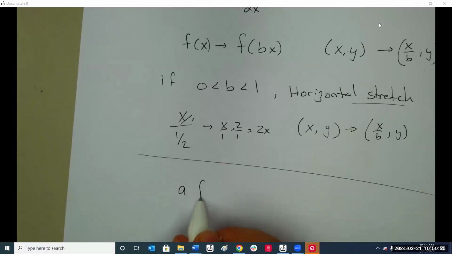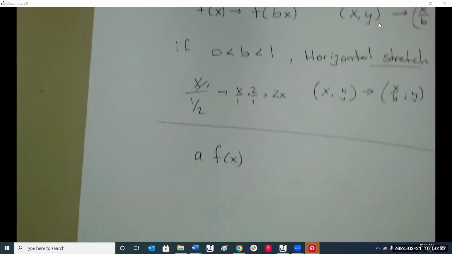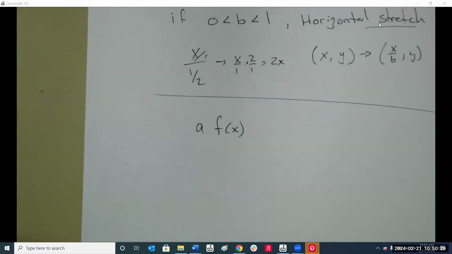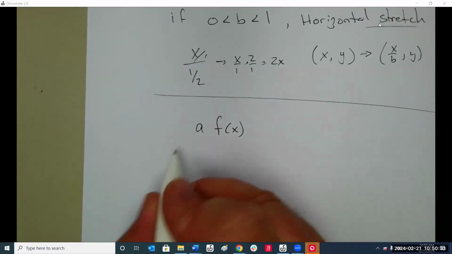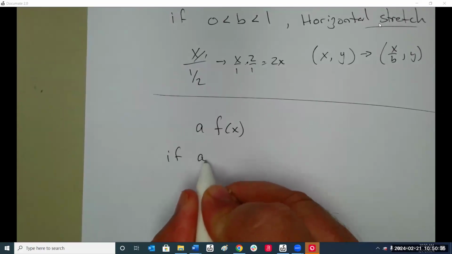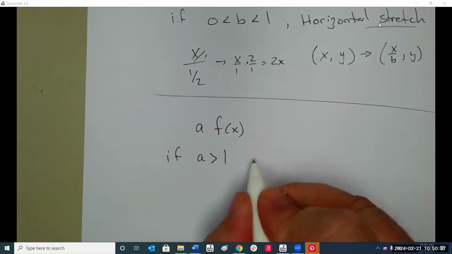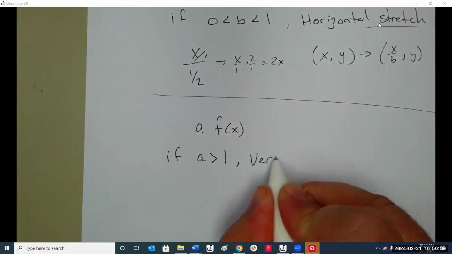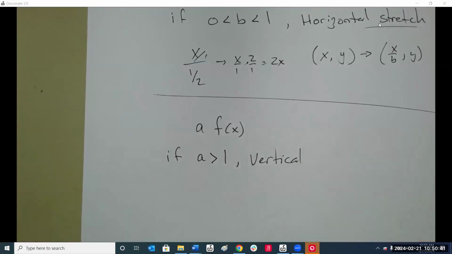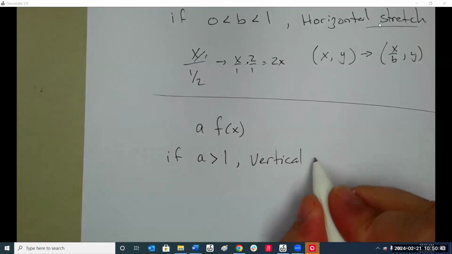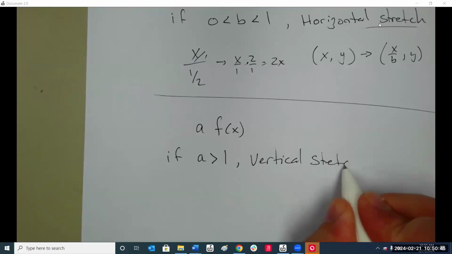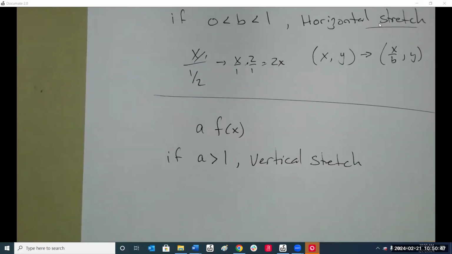Now, a, if it's outside the function, it is what it is. If a is bigger than 1, then it's vertical, because anything that happens outside is vertical. It's a vertical stretch. Why is that?